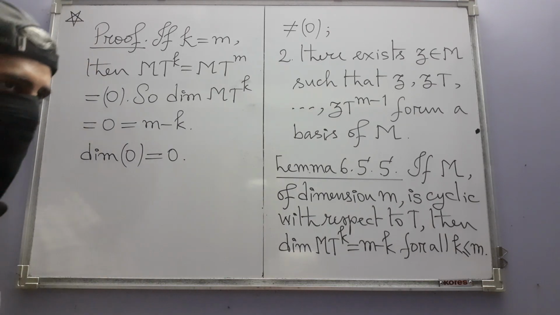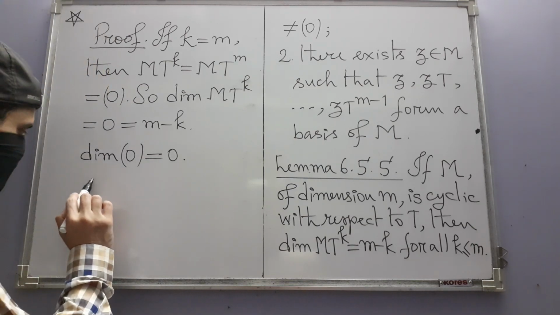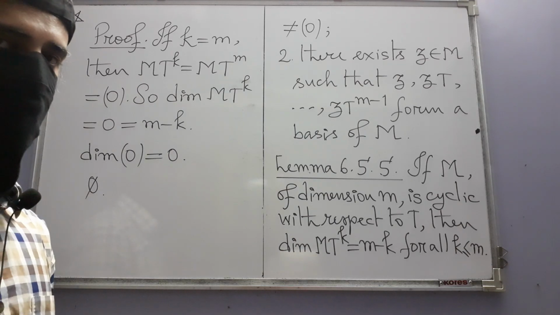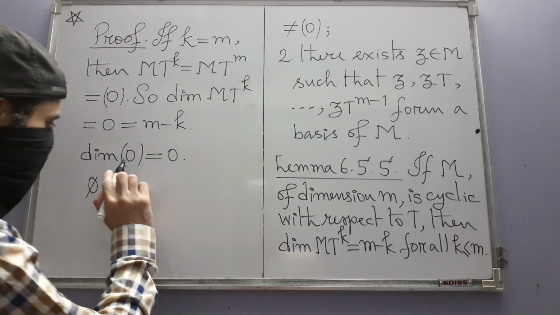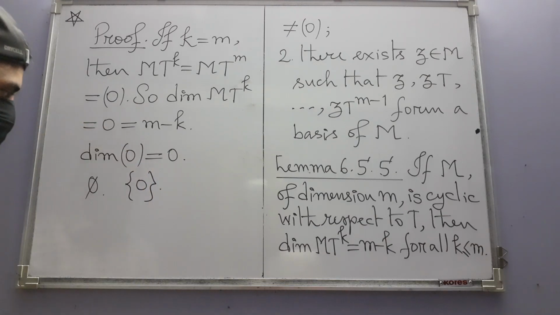What is the basis of the zero space? The basis of the zero space is the empty set. You may think of the singleton set consisting of the zero vector.